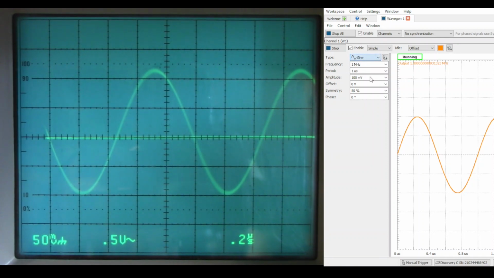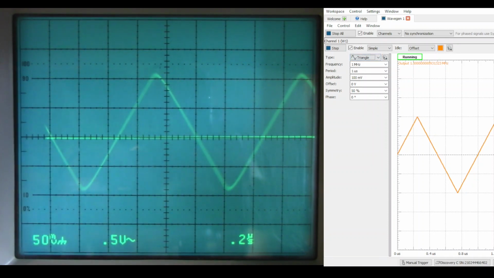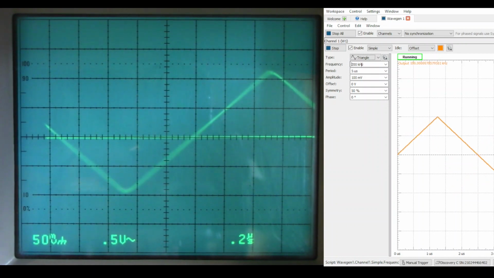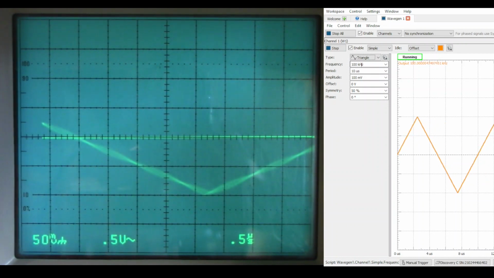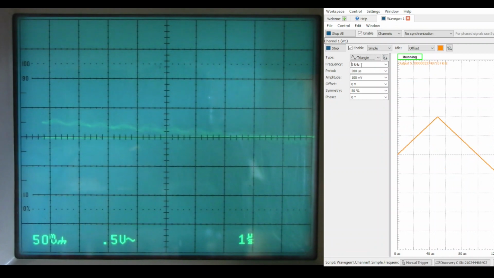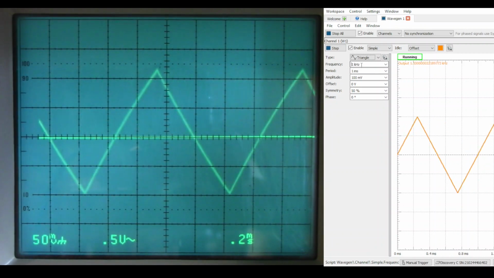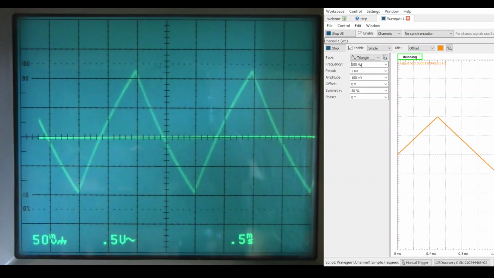Let's shift to a triangle wave, which sometimes makes it easier to see the distortion. And we'll now go back down. So 500K, 200K, 100K. Here we are at 2K, 1K, 500.